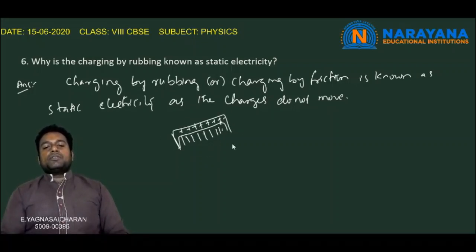So all these positive charges remain stationary, so they don't move from their original positions. All the complete charge will be deposited only on the surface of this comb, and there won't be any motion of these charges. So we consider the charging by rubbing or charging by friction as static electricity.